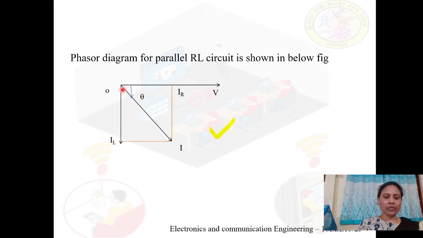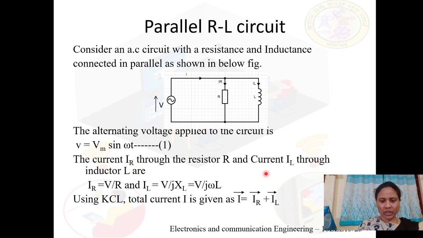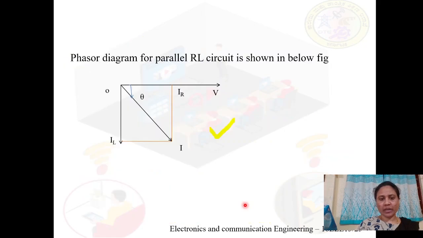So I is drawn downward and V is drawn along the x-axis, and we have shown the phase difference between V and I as theta, which we also get from the expression I equals IR plus IL, that is, the resultant current of IR and IL.